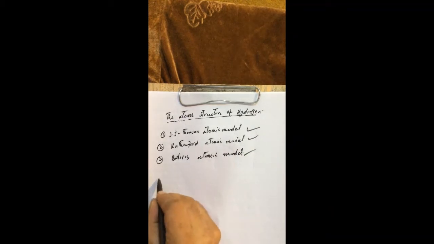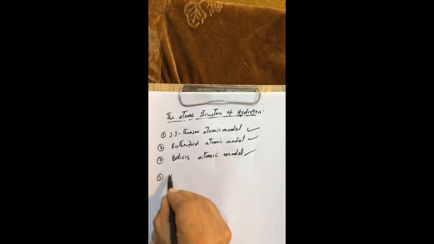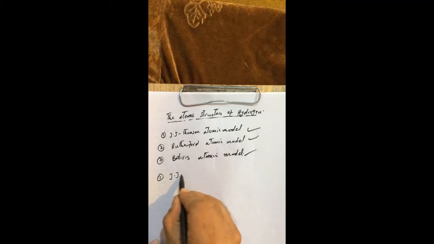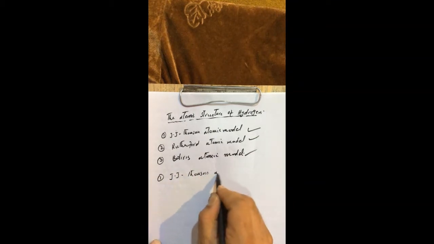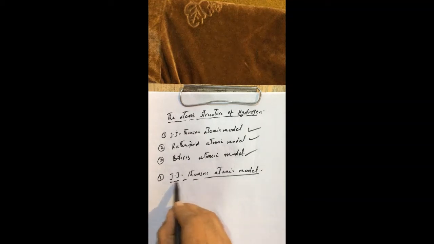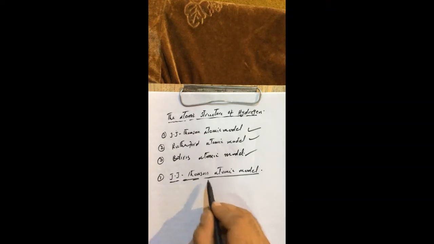First I will discuss, not in brief, but I will summarize the J.J. Thomson atomic model. Now, this model is the beginning of modern physics.